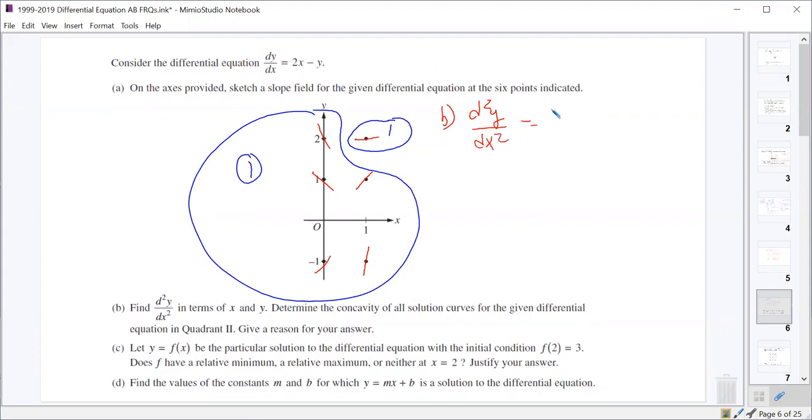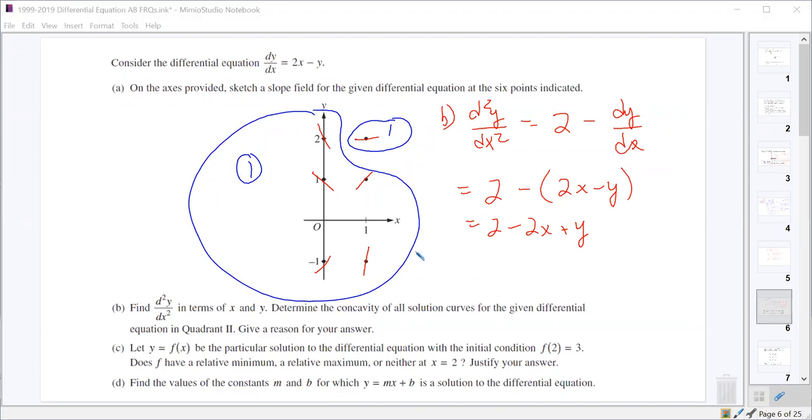Derivative of 2x with respect to x is 2. Derivative of -y with respect to x is minus dy dx. So we'd say 2 minus 2x minus y, or 2 minus 2x plus y. So that's 1 point for correctly getting the second derivative.